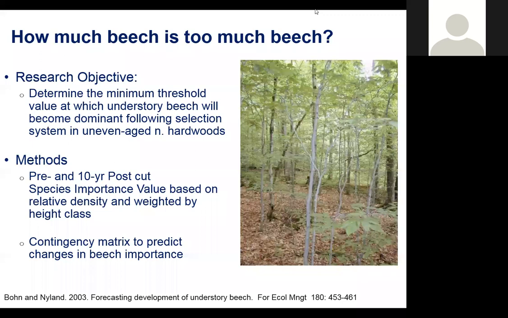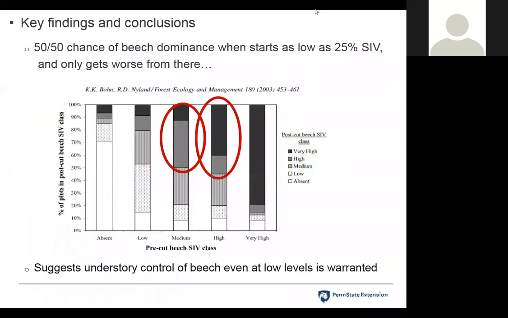And really, we looked at the change over time, over 10 years, in beech before a selection system and afterwards. And really what we did is lump it together into sort of dominance classes. So even this medium category, which is in the middle, I say medium, but that range was really as low as 25% importance value of beech in a stand.